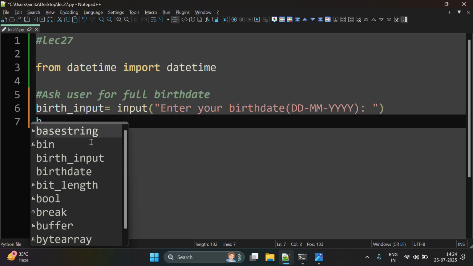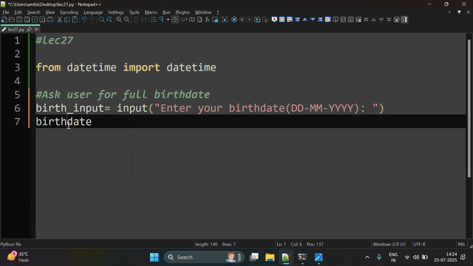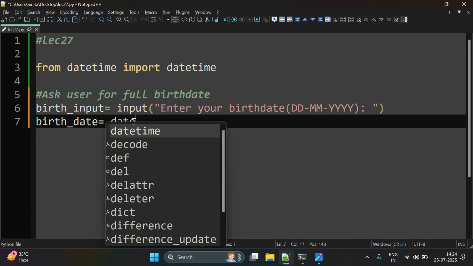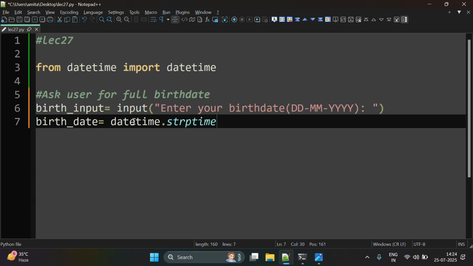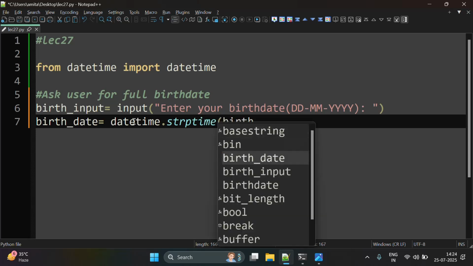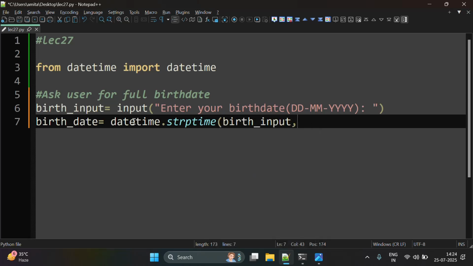So we will write here birth_date is equal to datetime.strptime, and then birth_input, and then we will write %d, %m, and %y.